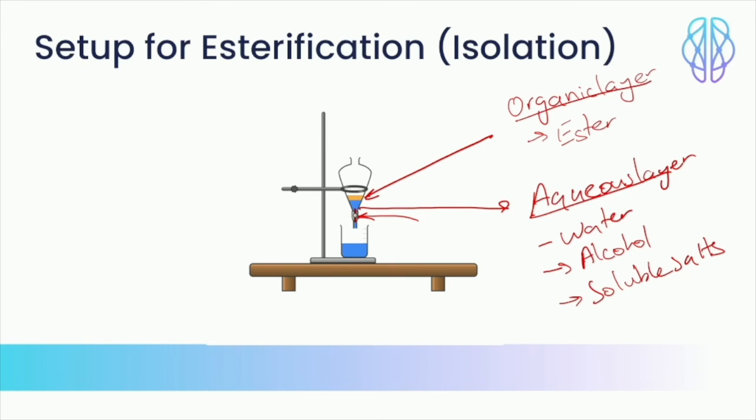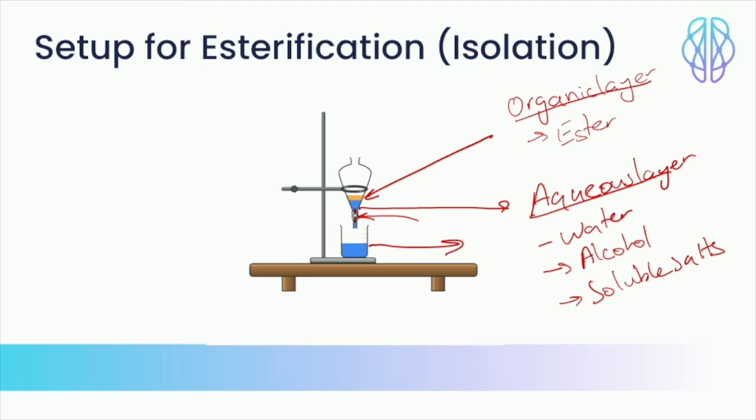Then you're going to discard it, throw it away, and repeat this process 5 more times. So let that solution settle again, drain off the aqueous layer, let it settle again, drain off the aqueous layer, let it settle again, drain off the aqueous layer. At the very end, you should only have that organic layer, which is your purified ester.